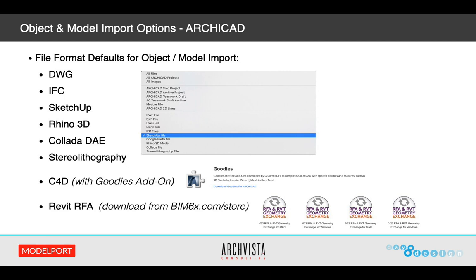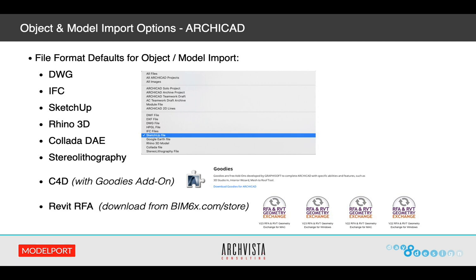This would be available if you've added on the Goodies add-on, which you can download from the Graphisoft website and install, and then you'll have the Cinema 4D available to you as well. And then Revit RFA, which is the Revit object format, family format.